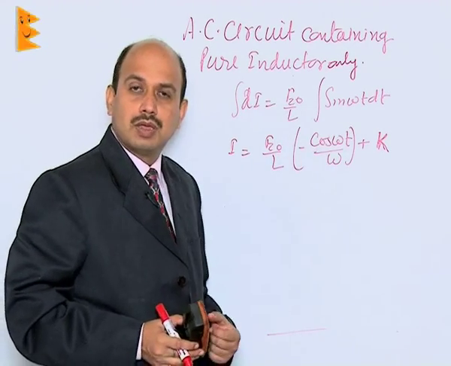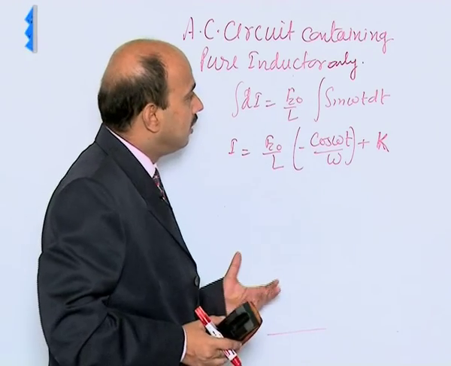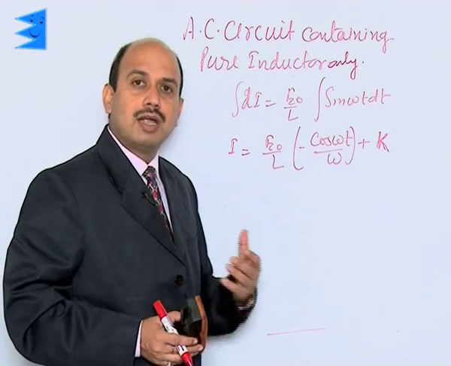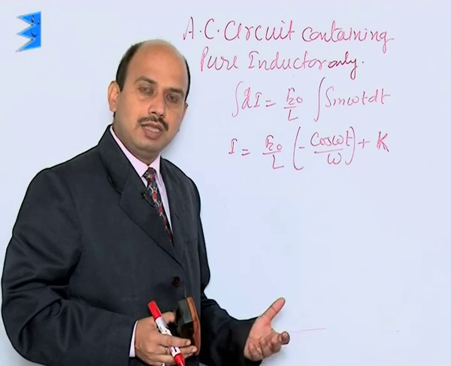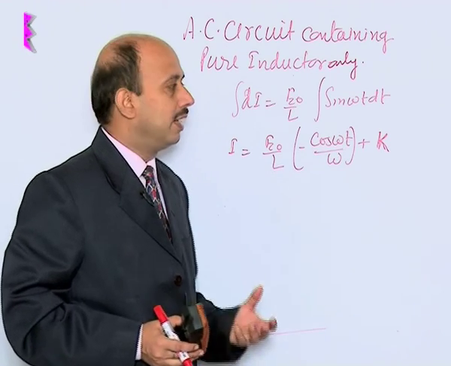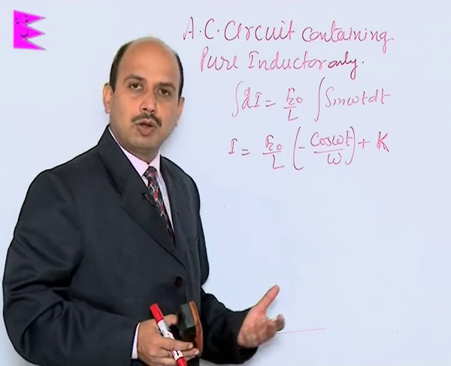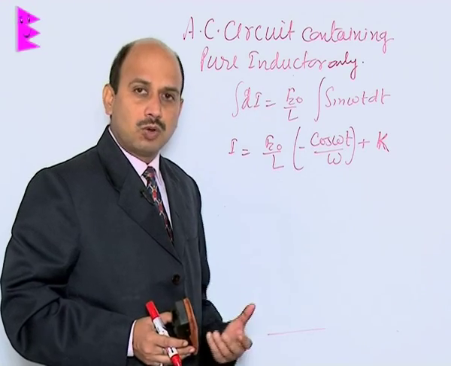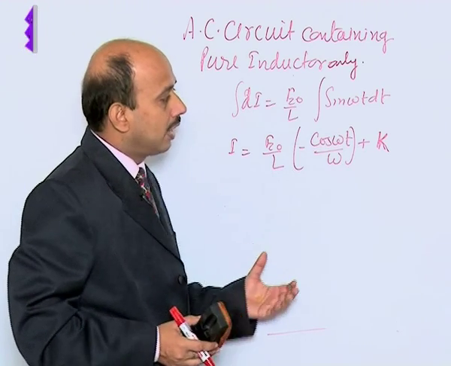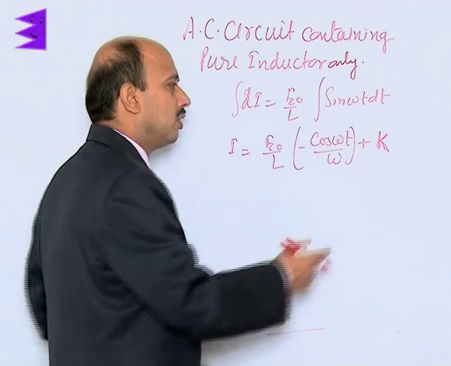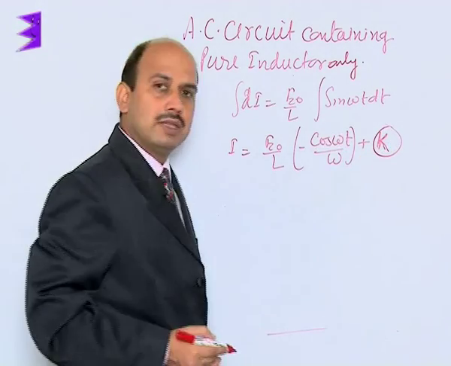Here the EMF is oscillating symmetrically about 0, and similarly the current is also oscillating symmetrically about 0. So there is no such time independent constant, and the value of the constant is taken as 0 in this case.